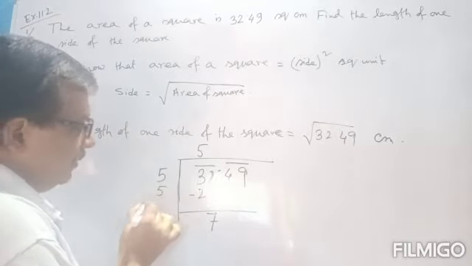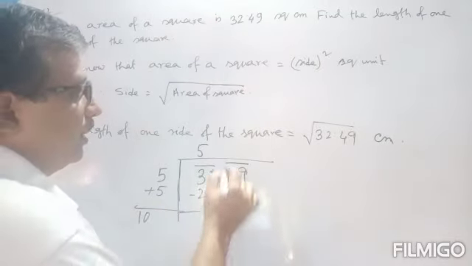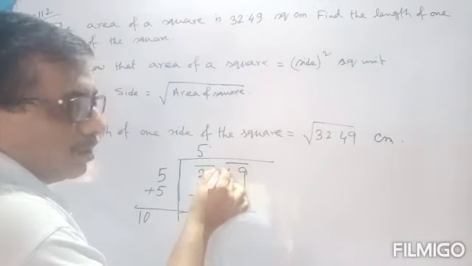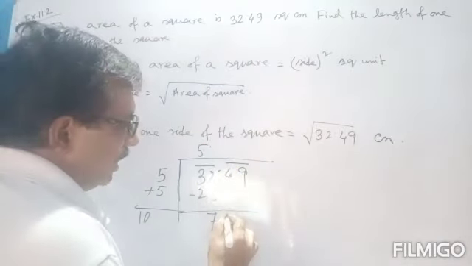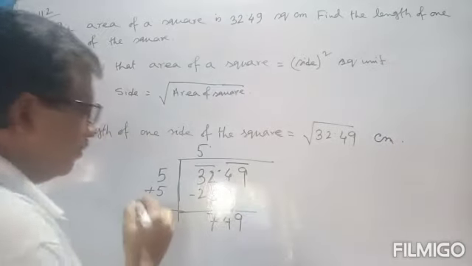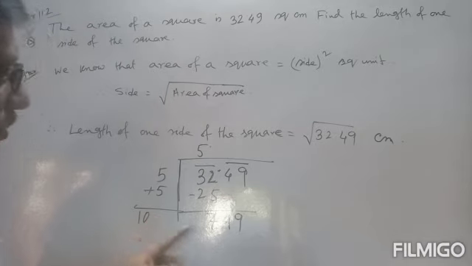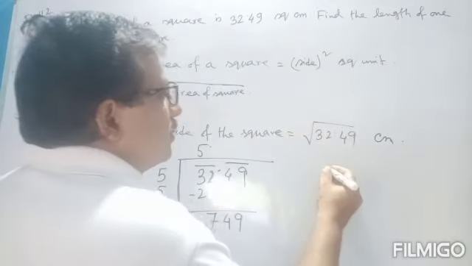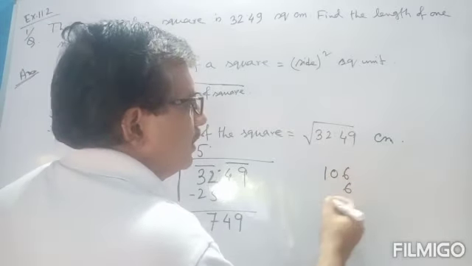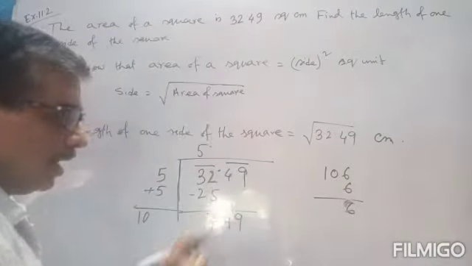And adding another 5 here, we get 1 0, 10. Point goes through here. This is the position of the point. We take this pair, so the point is put here. So 4 9. Now we have to put one number which, multiplied by that number, gives 4 7 4 9. If we put 6, 106 into 6 is 636, so obviously it is not 9.